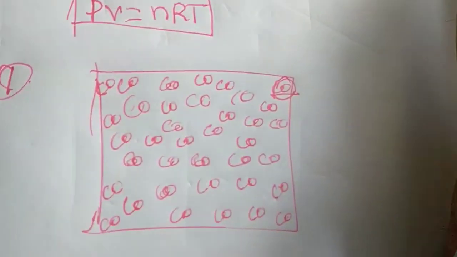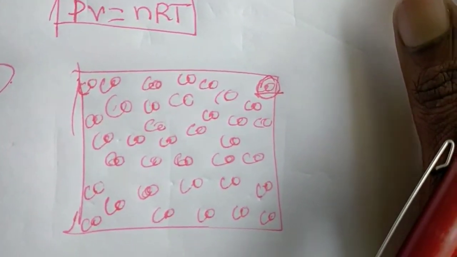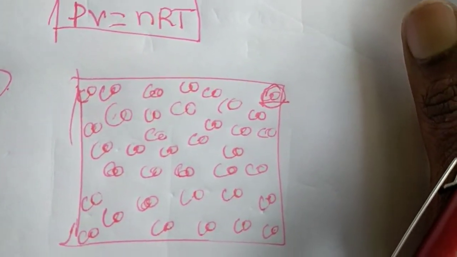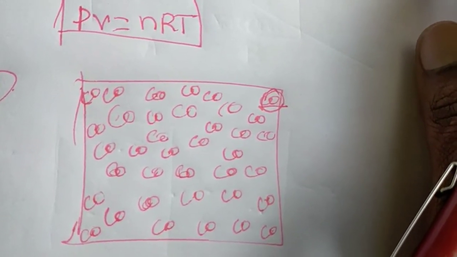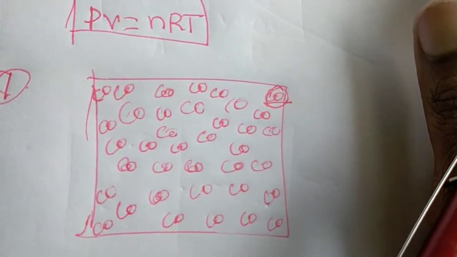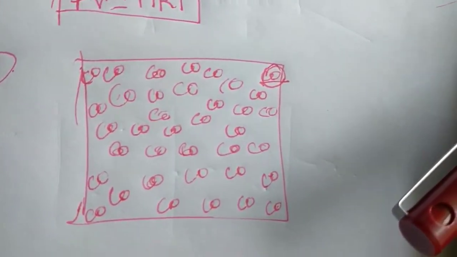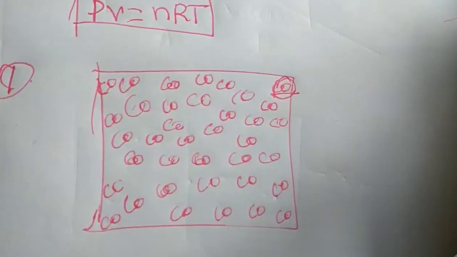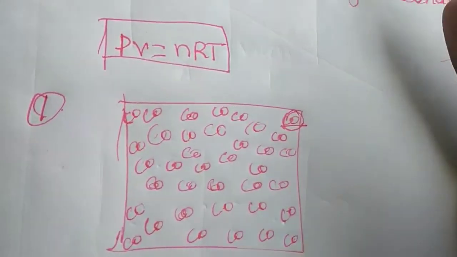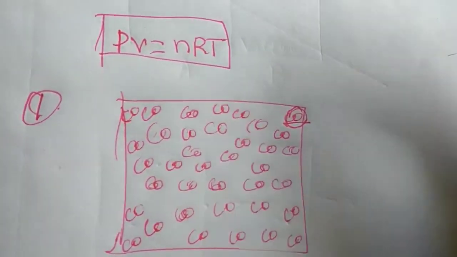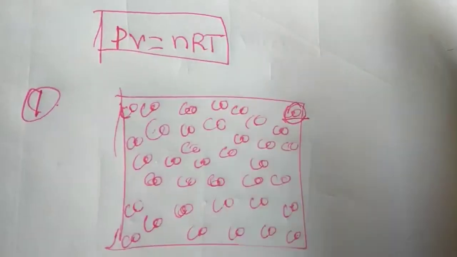When gas particles are filled in a place, the volume occupied by one unit of that gas particle or gas molecule, out of that whole volume, is negligible. That means it is not under consideration. We are not considering that volume because it is very, very small compared to the whole volume.